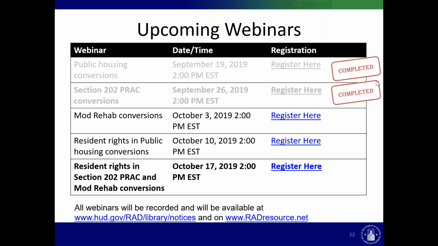Sure, let's do one more phone question, but we're going to have to wrap up in a minute. Mary, do you want to ask your question? Yeah, hi, Will. How are you? Good. We're getting ready to post some comments to the notice regarding the eligibility of applicants, and you've been talking a lot about the rent setting for the PRAC to RAD. In the current PRAC program, we're allowed to move residents in even if the assistance payment is 0 or negative.